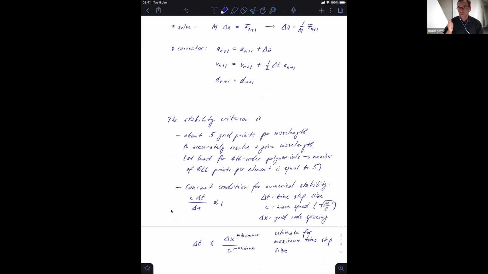But it makes it tricky to compute the values at the corresponding timing between elements. So you need to make sure that the actual update of the displacement field is done properly with all these different timings that you have.